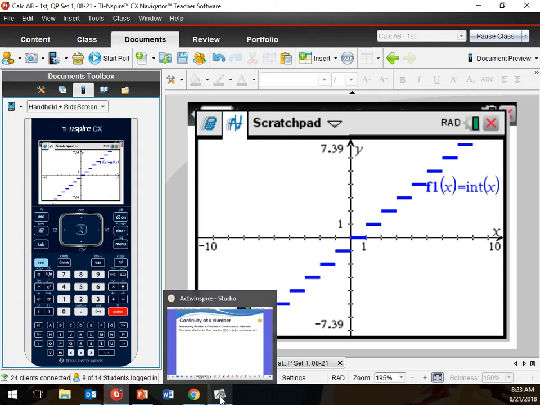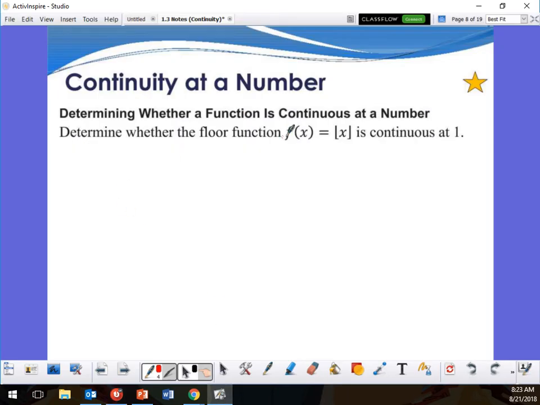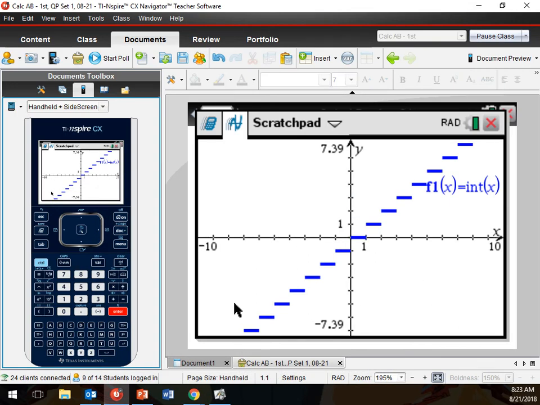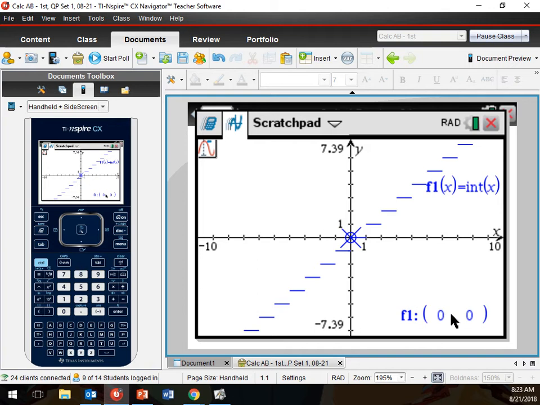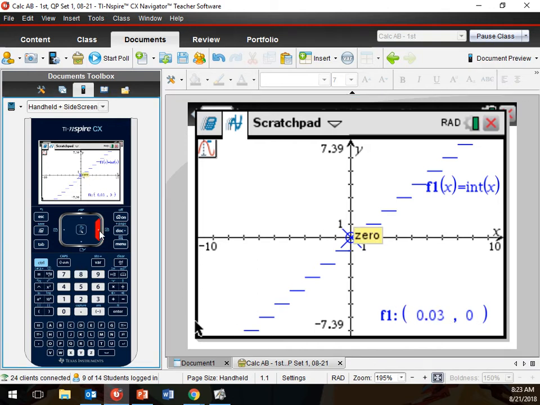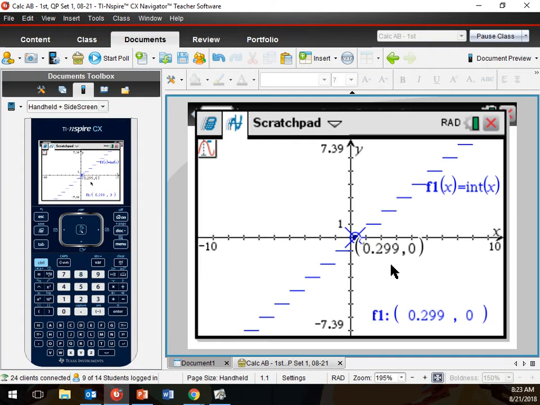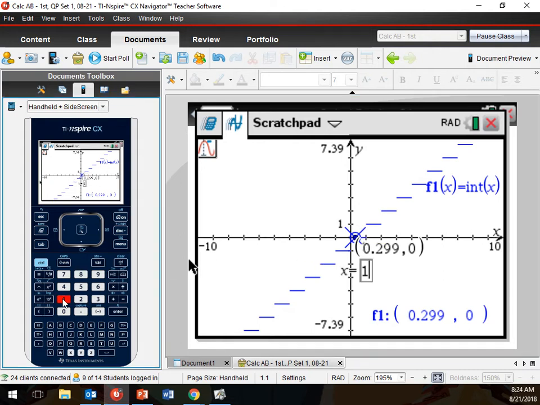Now, it's asking, determine whether the floor function is continuous at 1. Okay, so I'm going to take my menu trace, okay, it's at 0, right? Still at 0. Let's type in 1.